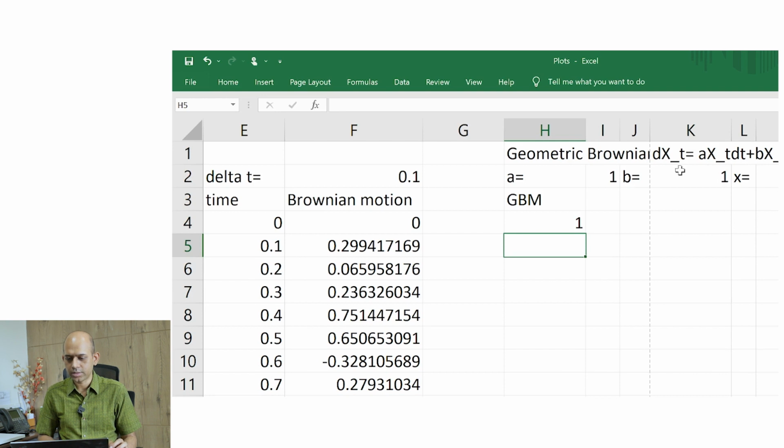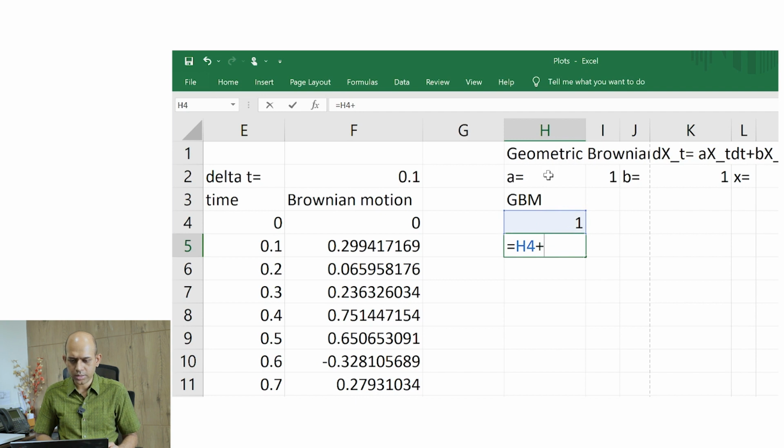The increment is the discretization of the right-hand side of this equation. So the formula is the earlier geometric Brownian motion value, plus the increment.